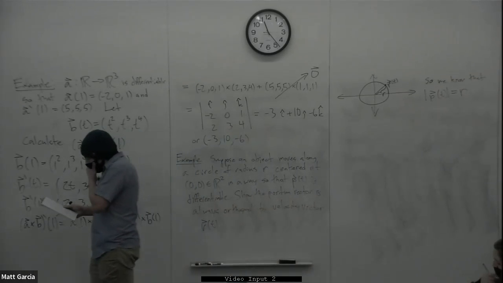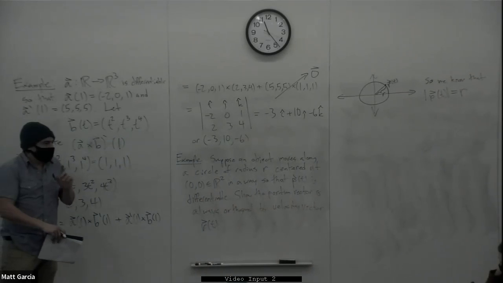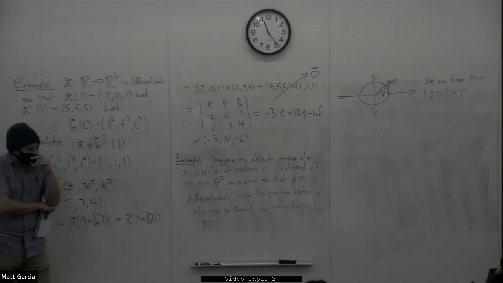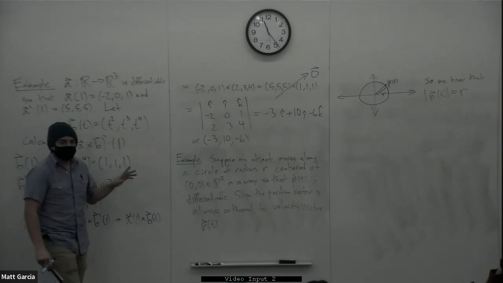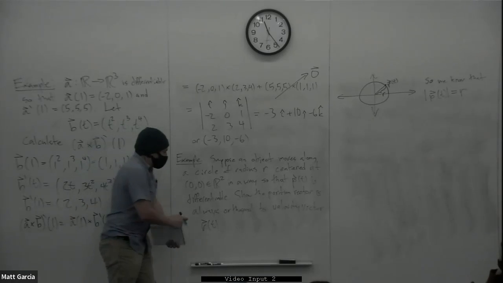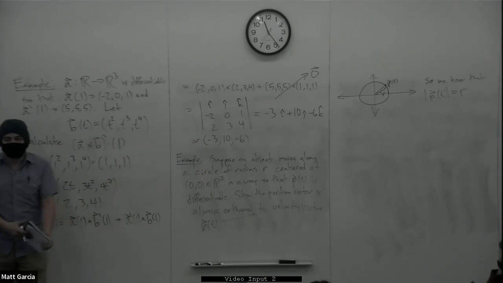Okay, so there's a bit of a leap that we have to take here. Notice that what we're trying to do is prove something about the orthogonality of two vectors.